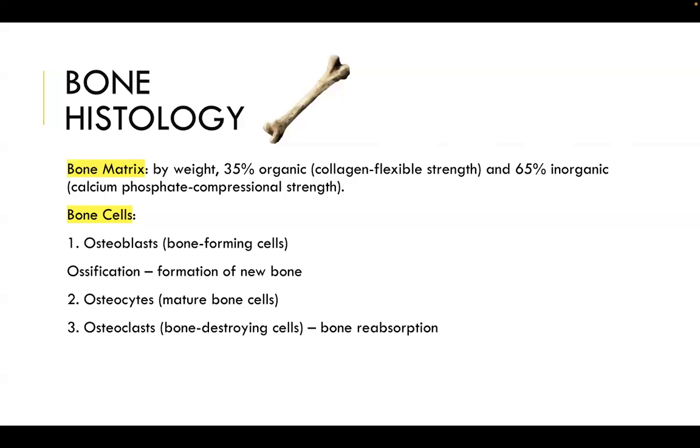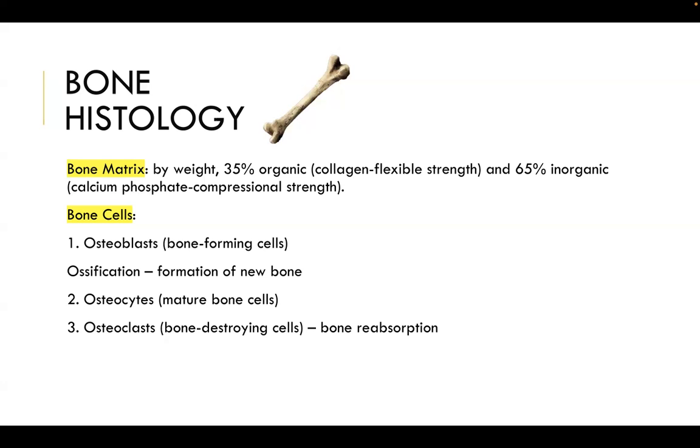The organic component of the bone matrix is going to include collagen and ground substance, where the inorganic component is the inorganic bone salts, mainly hydroxyapatite. The inorganic matrix contributes approximately 65 to 70% of the wet weight of bone.